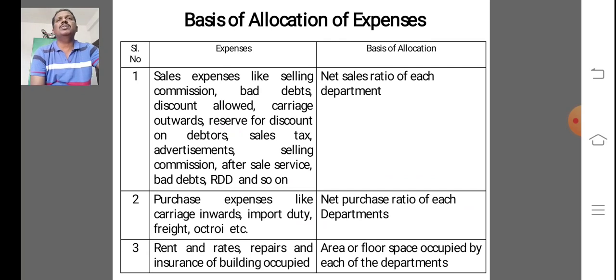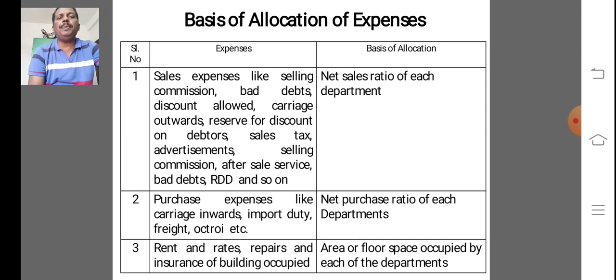So, basis of allocation of expenses. For example, sales expenses like selling commission, bad debts, discount allowed, carriage outwards, reserve for discount on debtors, sales tax, advertisement, selling commission, after sale service, bad debts, RDD and so on, these are allocated on the basis of net sales ratio of each department.